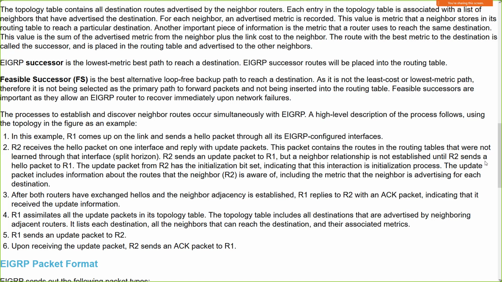Internal EIGRP routes have an administrative distance of 90. OSPF 110. ISIS 115. RIP 120, and external EIGRP 170, and then internal BGP 200. So those are some of the common ones. The lower the number, the more trusted the source.